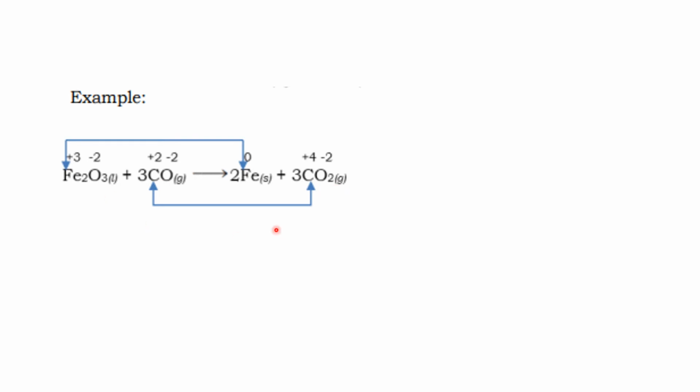So looking at the oxidation numbers, as we mentioned in the previous slides, whichever atom did undergo an increase in oxidation number is the one that is oxidized in the reaction. On the other hand, the atom that did decrease in oxidation number is the one that undergoes the reduction in the reaction.